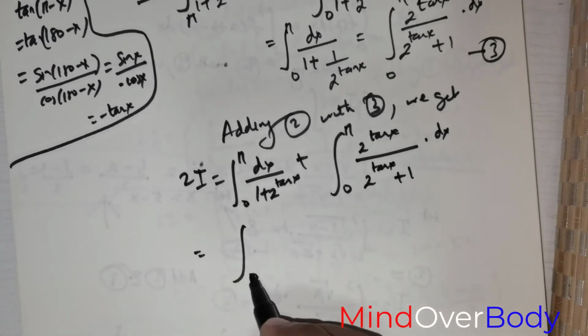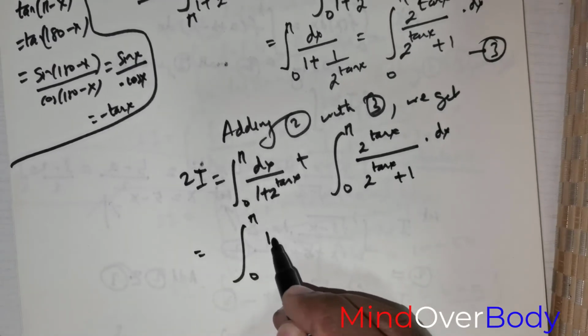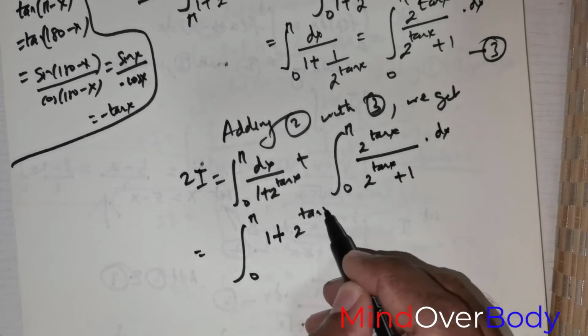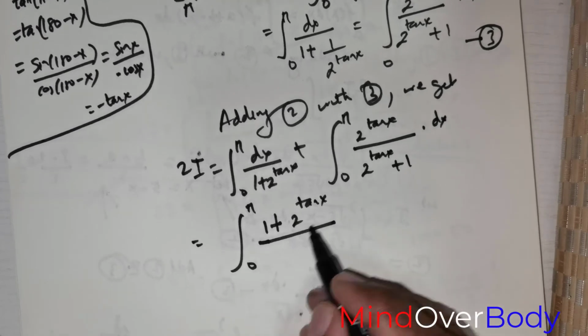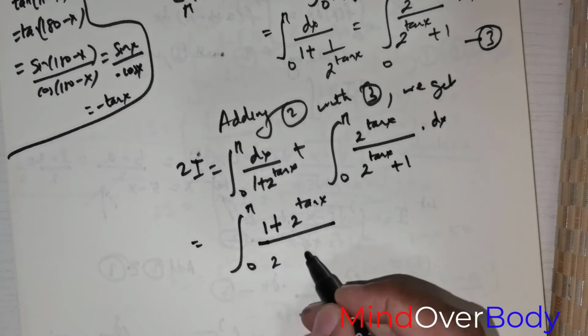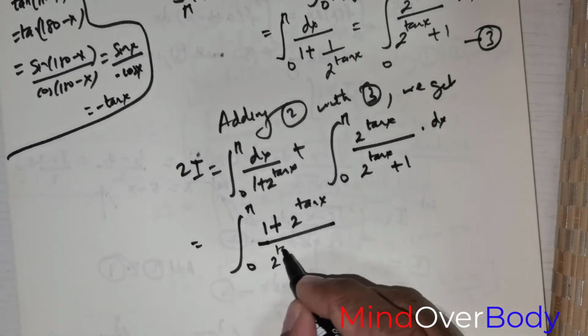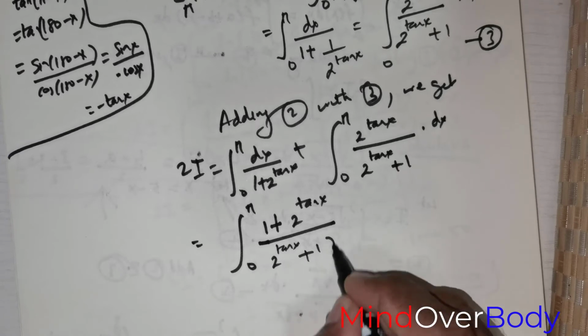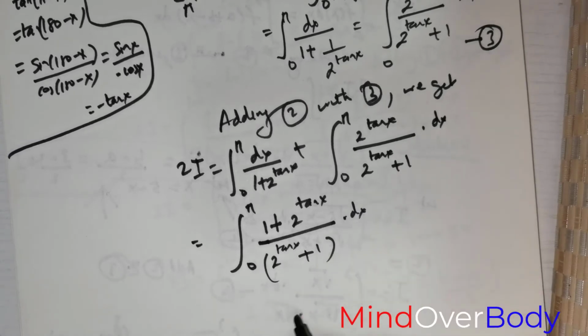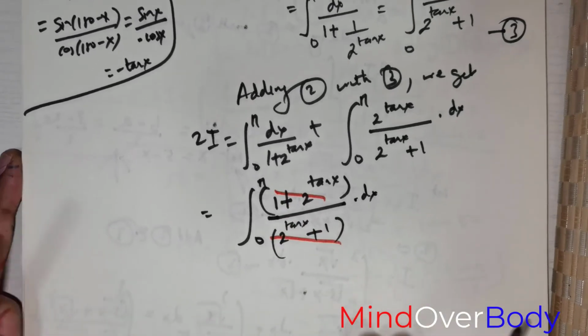So adding this would give us the integral from 0 to pi of 1 plus 2 raised to the power of tan x divided by 2 raised to the power of tan x. In fact, I could write it as 1 plus 2 raised to the power of tan x, but anyway, I started with 2, so let me write it in this fashion, times dx. Now clearly you can see the numerator and the denominator, they can get cancelled.